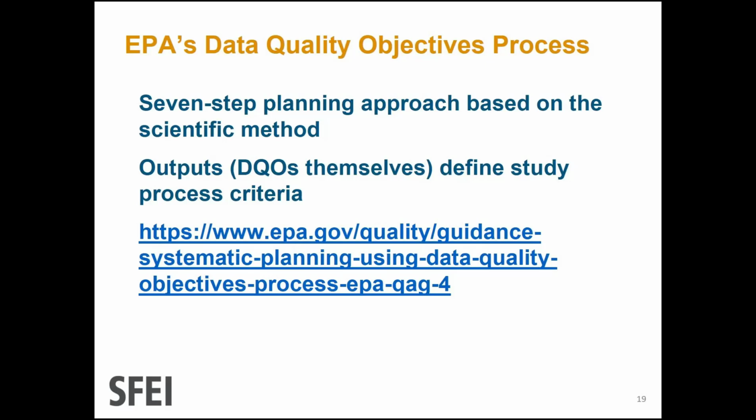This is specifically a way to help researchers design environmental monitoring studies, and it's a seven-step planning approach based on the scientific method, and it helps you make sure you capture all of the possible things you should think about in designing a study before you begin your study. And you can find it at this link, but honestly, I think you could just Google EPA DQO and find it that way too.